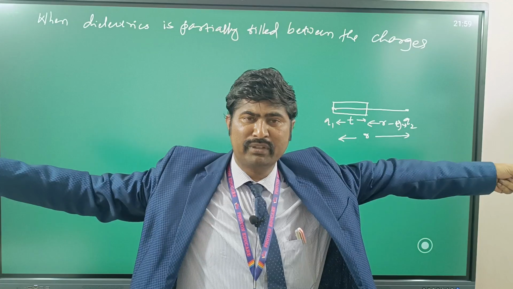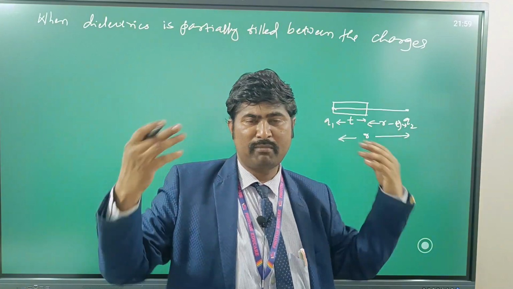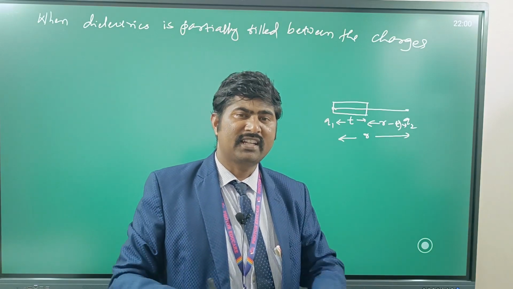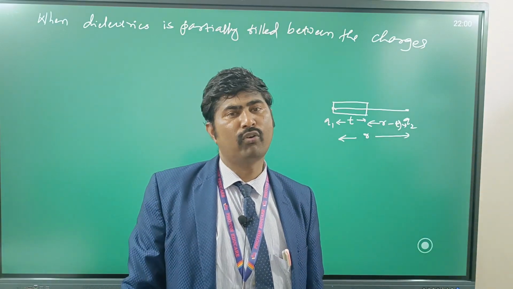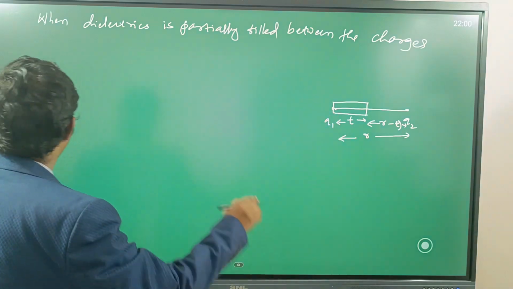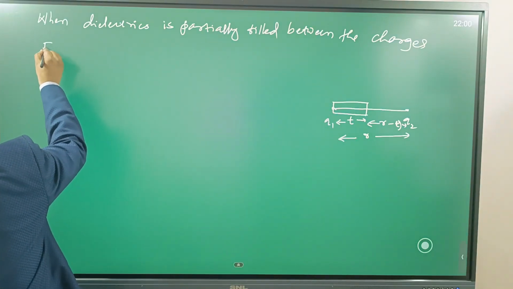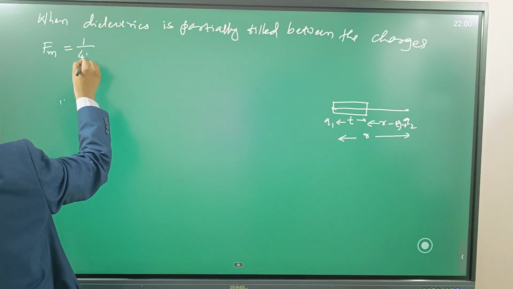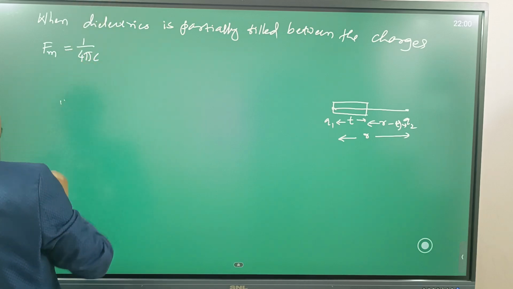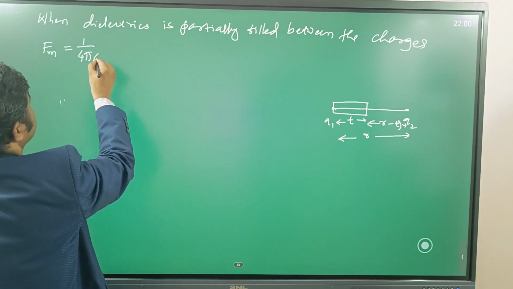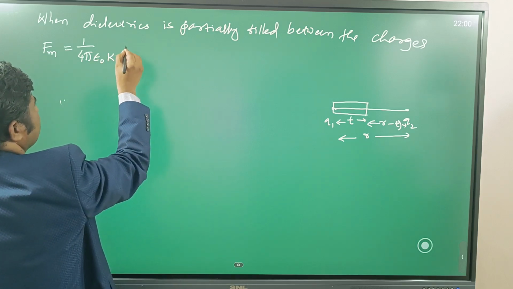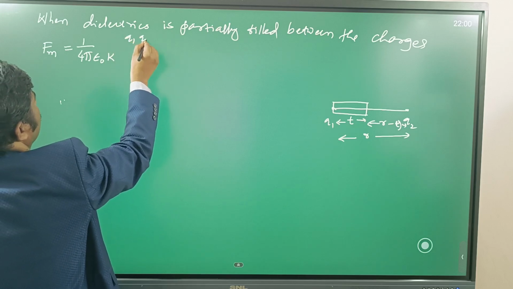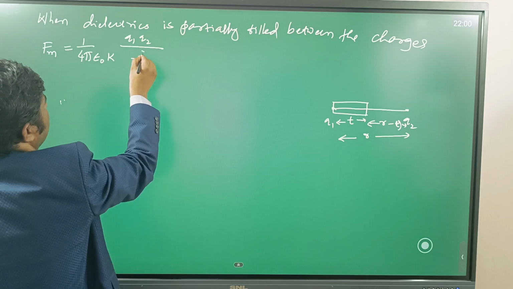If you increase the distance between the two charges, what will happen? Because F is inversely proportional to R square, as the distance increases, the force is going to decrease. So before that, let us write Fm is equal to 1 divided by 4 pi epsilon naught K, where K is the dielectric constant, Q1 Q2 divided by R square.